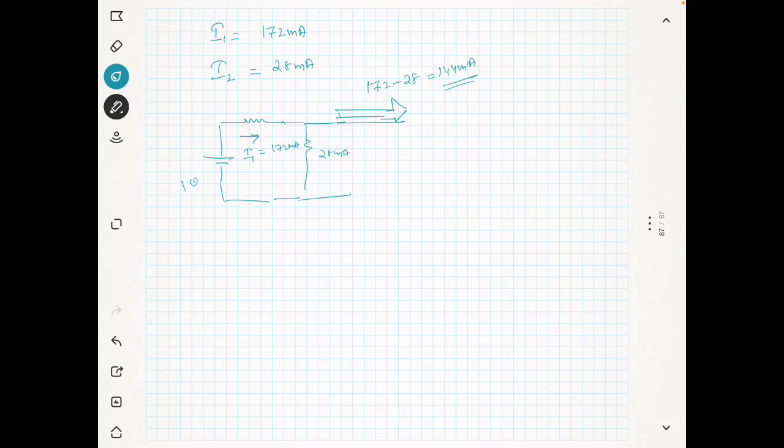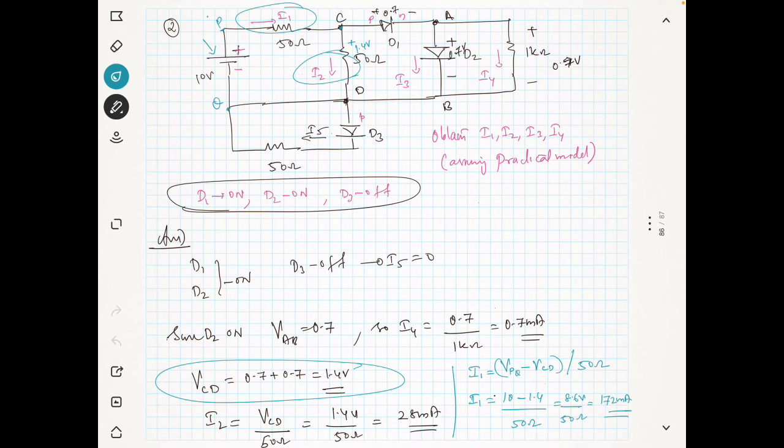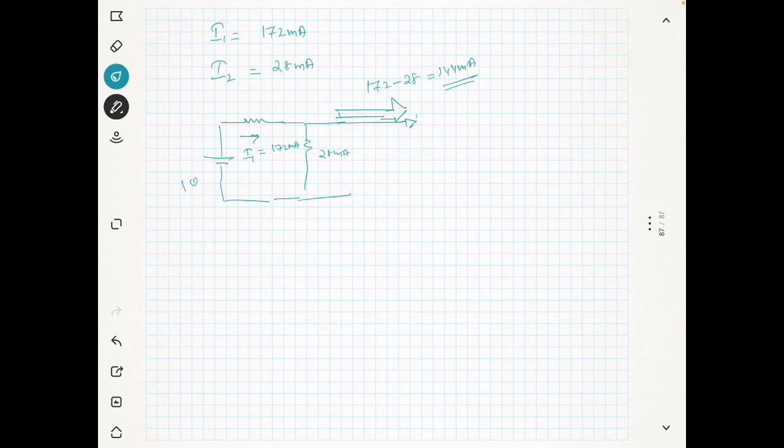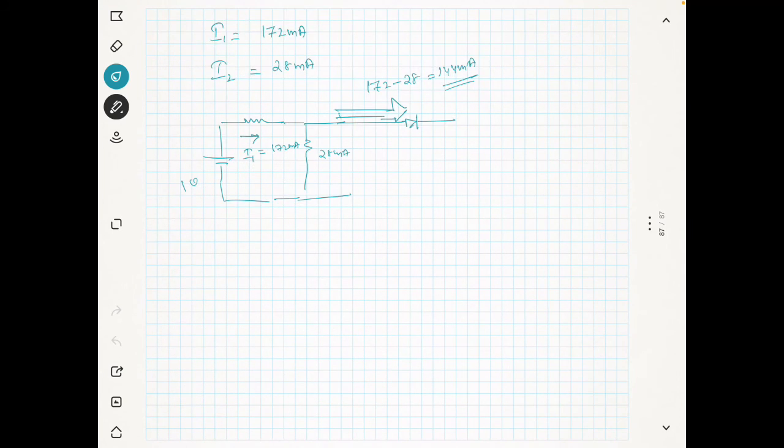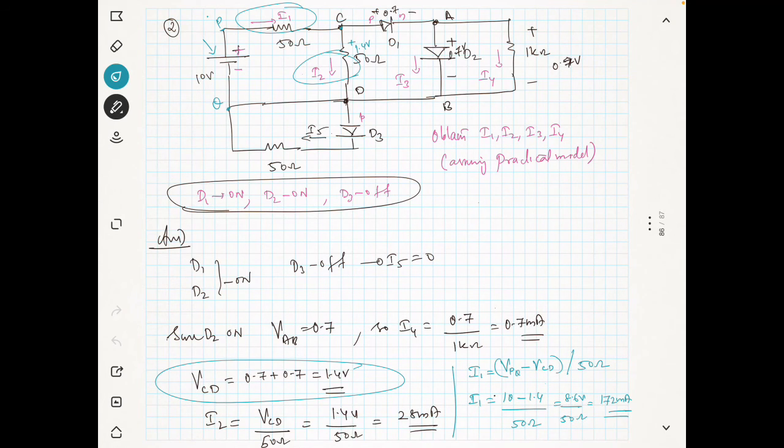Now it is going into two branches, you can see here. One is going through this diode, as we have seen, and another part is going through a diode D2 and a resistance. Through the resistance you have the current I4, already you have found it.